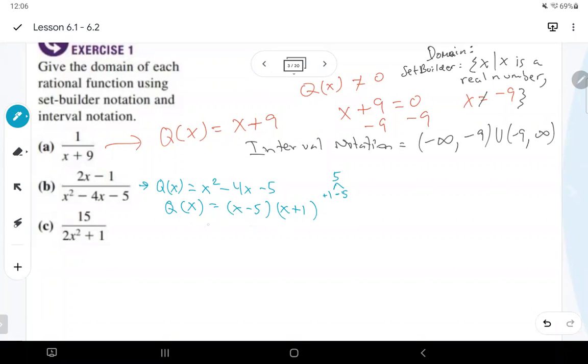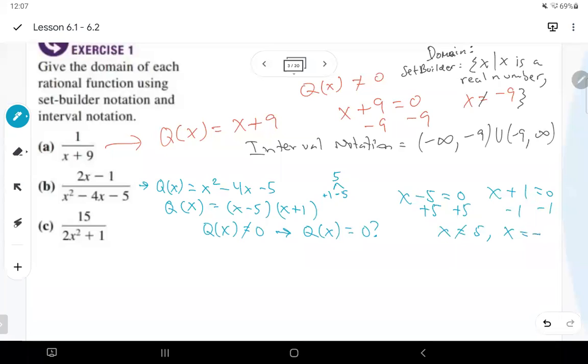So now we set q of x equal to 0 because it can't be 0. So we need to say, well, when does q of x equal 0? And that would be at x minus 5 and x plus 1. So add 5, subtract 1. So x equal to 5 can't happen, and x equal to -1 can't happen. So then we just plug it in.